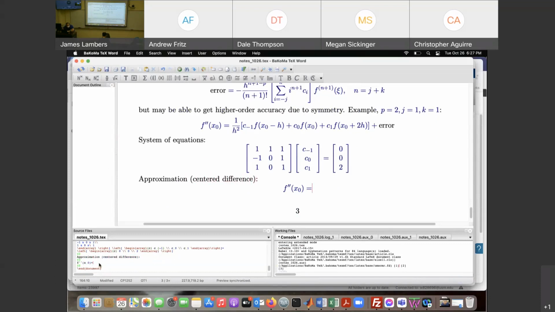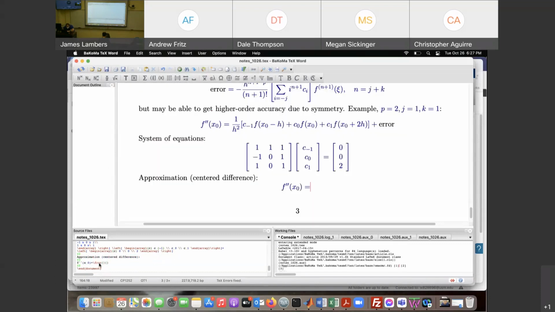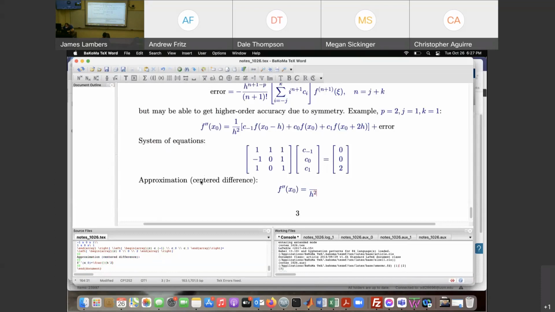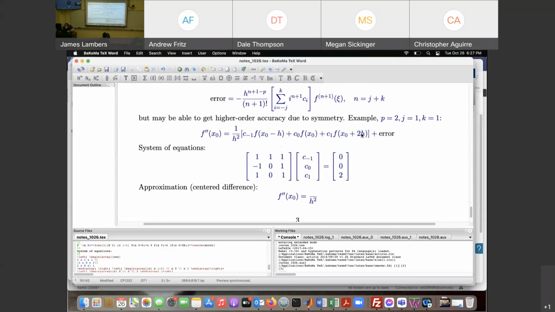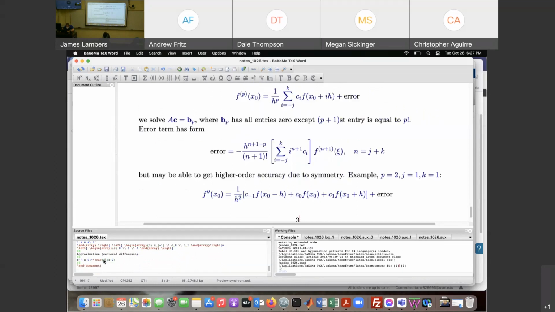Okay. Sorry? Is it supposed to be x plus 2h in the third term? Wait, where? In the third... oh, that should be. Okay, whoops. Not sure how it happened. Okay, f of x naught minus h, x naught, x naught plus h.